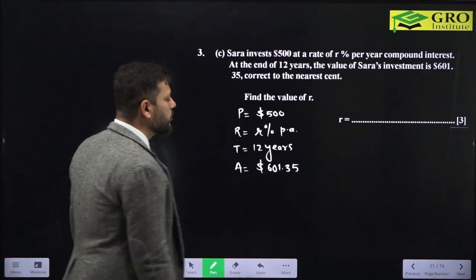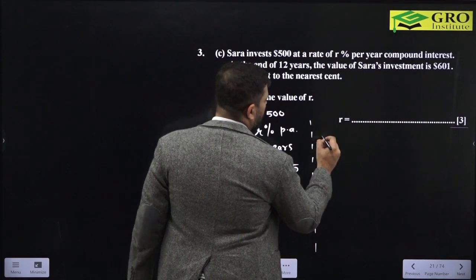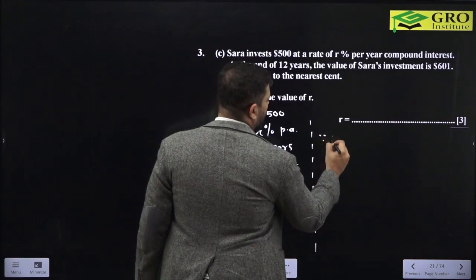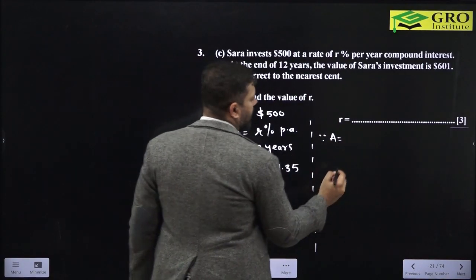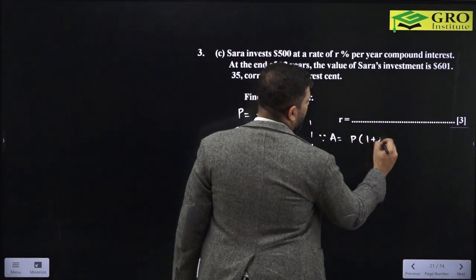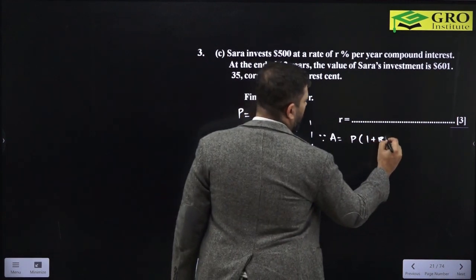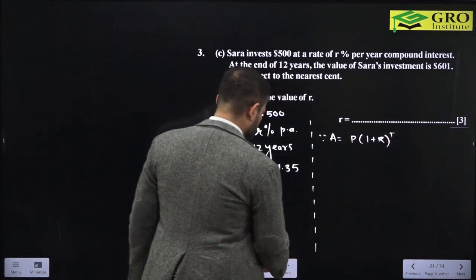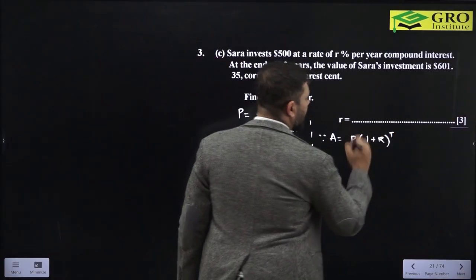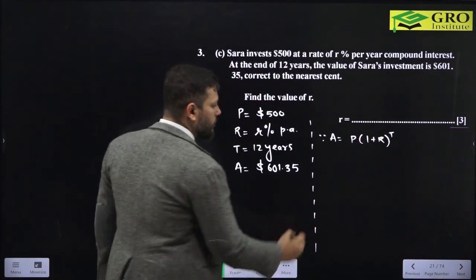Let us quickly use the formula. What do we know? Since in case of compound interest, amount is equal to P times 1 plus R raised to power T, isn't it? Here R is the rate of interest and T is the time period. Let us quickly substitute the values.